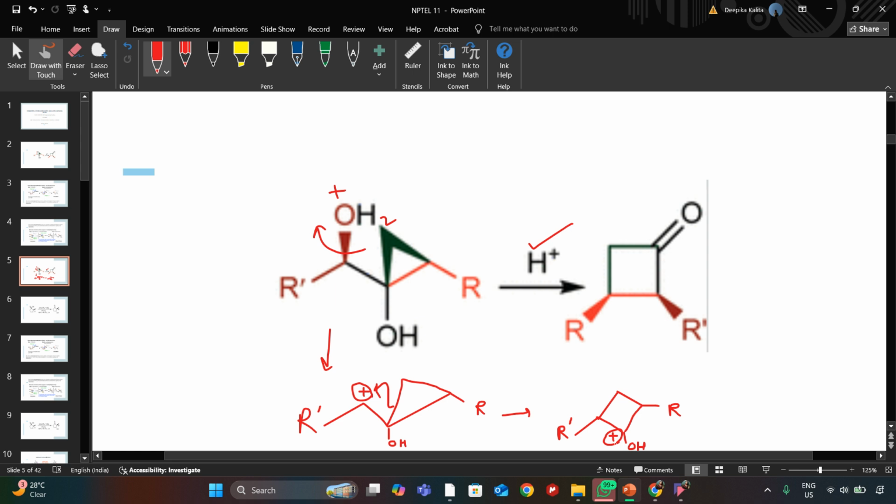And here we get the second carbocation intermediate.